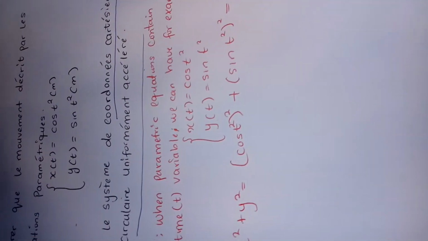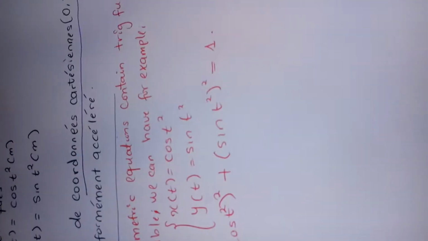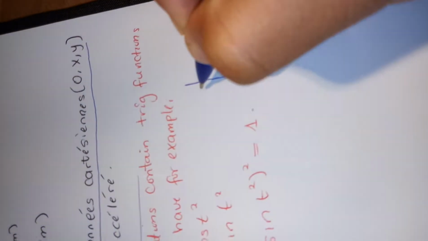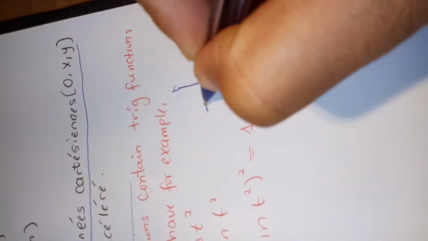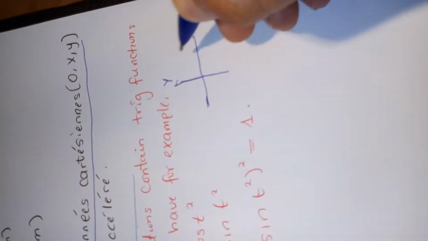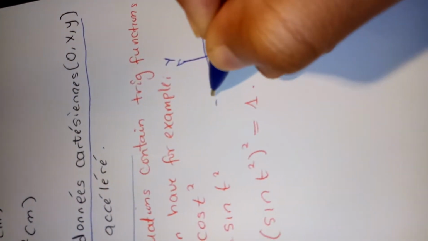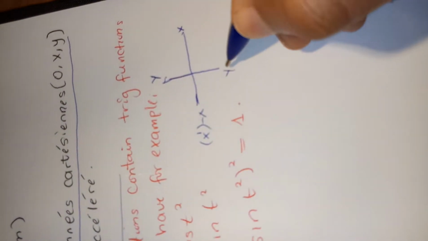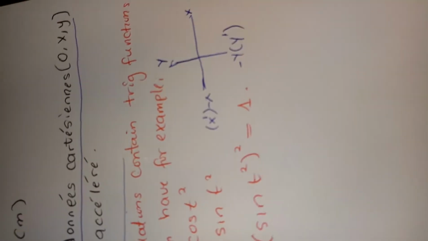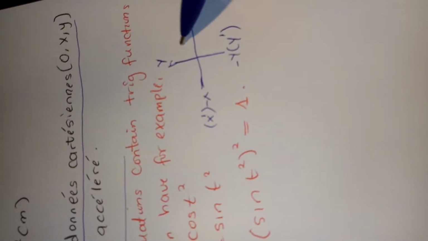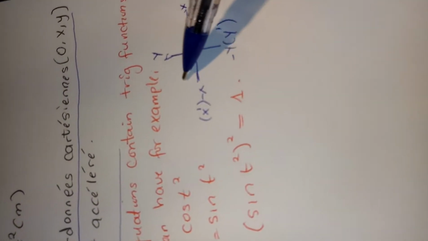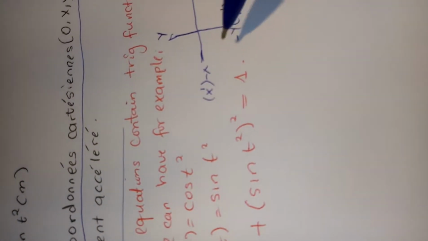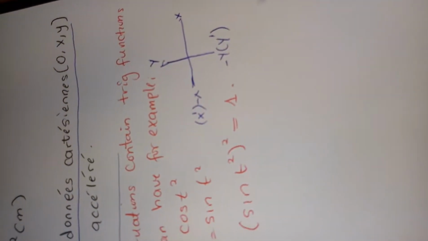For example, if I have coordinates xy, I have y here, we have x, we have a negative x, or maybe sometimes you see this x prime, and we have y, negative y, or sometimes you see this y prime. That shows this side you're having the positive x and positive y, negative x and positive y, negative x and negative y, and positive x and negative y.